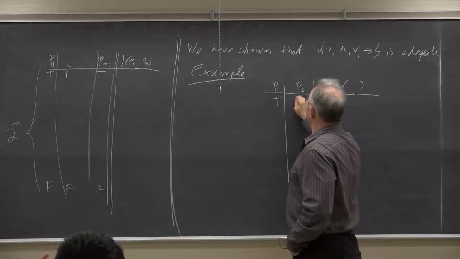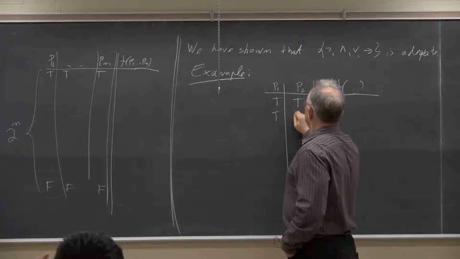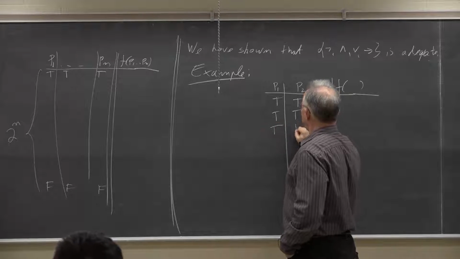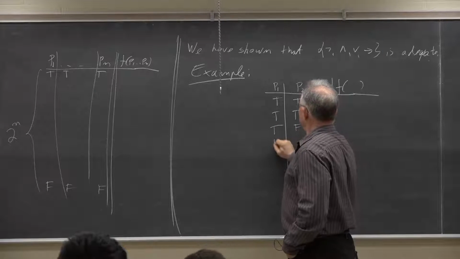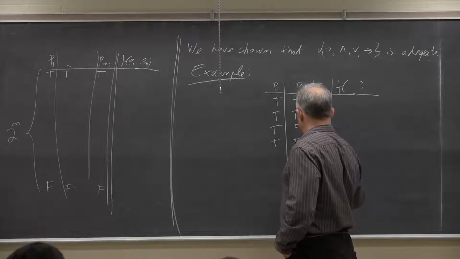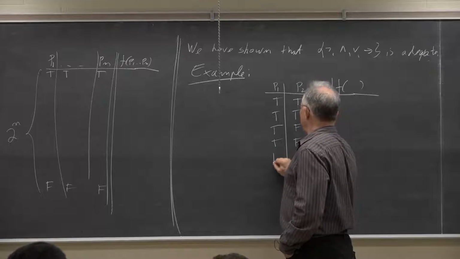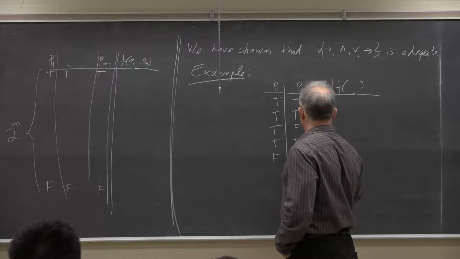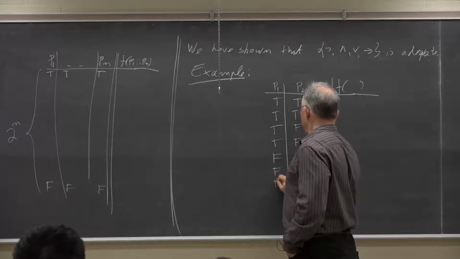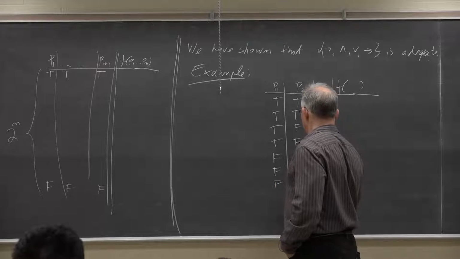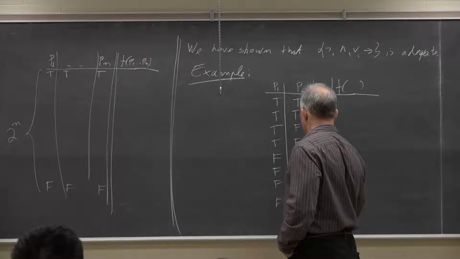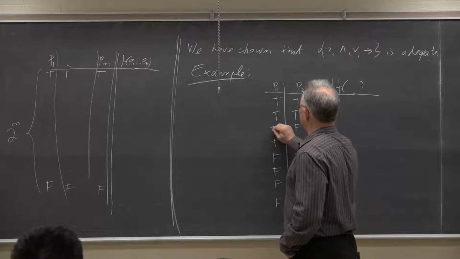So I start with T, T, T, then T, T, F, then T, F, T, T, F, F. And now I repeat all this with the first letter being F. So I have FTT, FTF, FFT, and FFF. 1, 2, 3, 4, 5, 6, 7, 8.